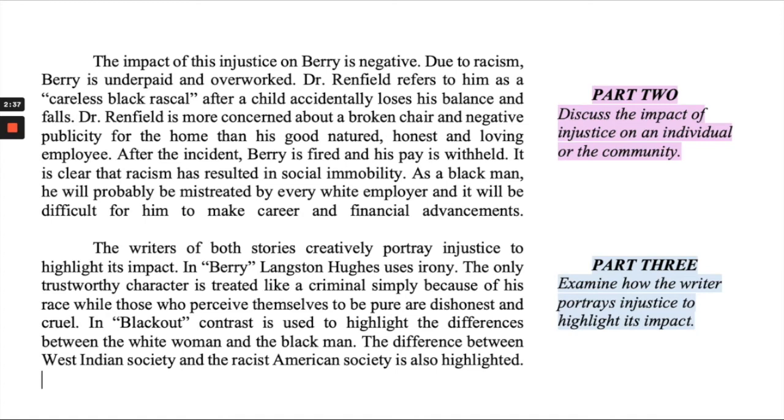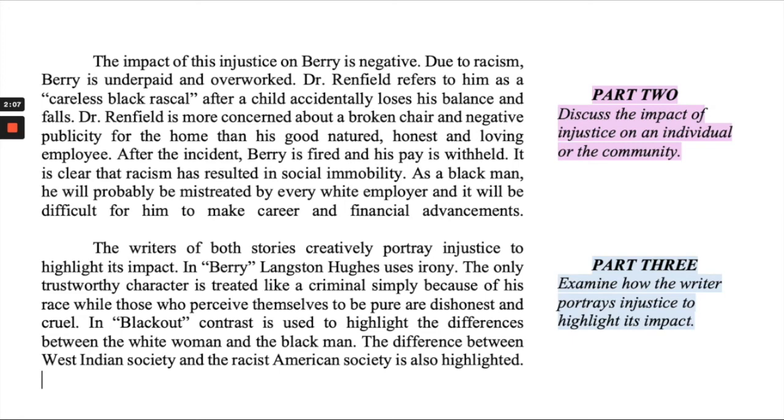Dr. Renfield is more concerned about a broken chair and negative publicity for the home than his good-natured, honest, and loving employee. After the incident, Berry is fired and his pay is withheld. It is clear that racism has resulted in social immobility. As a black man, he will probably be mistreated by every white employer, and it will be difficult for him to make career and financial advancements.